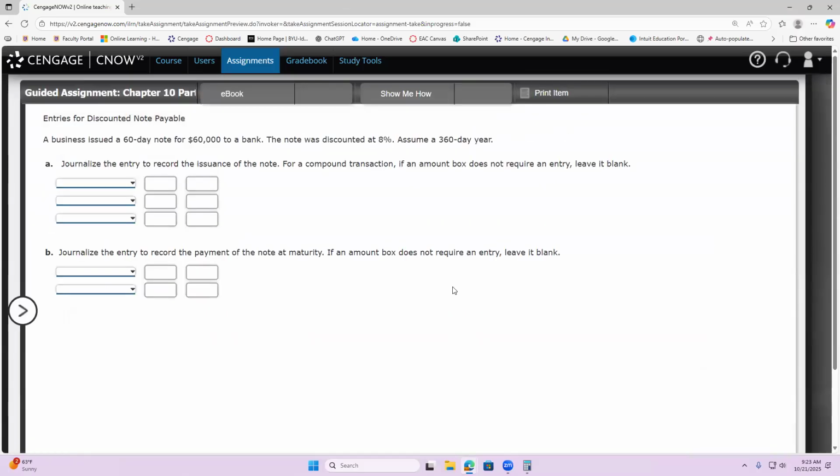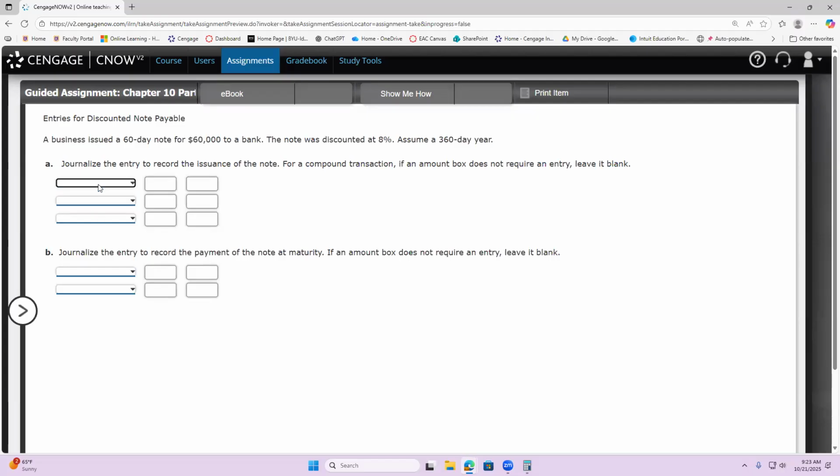All right. So a business issued a 60-day note for $60,000 to a bank. The note was discounted at 8%. Assume a 360-day year. So sometimes what we'll do is we'll just figure out the interest up front.